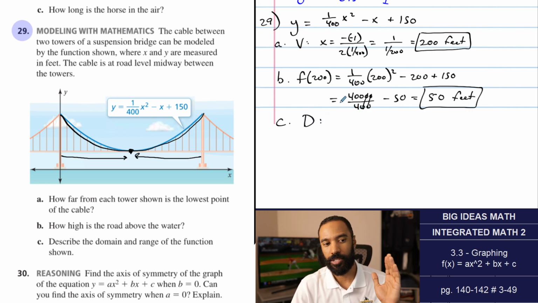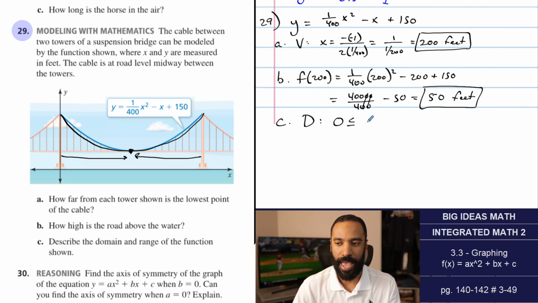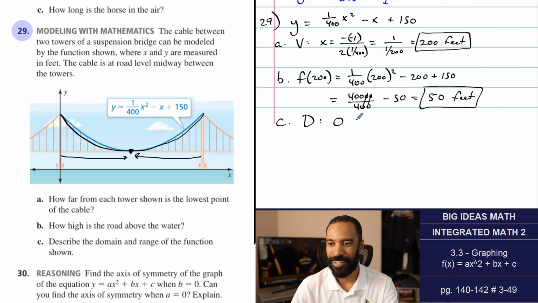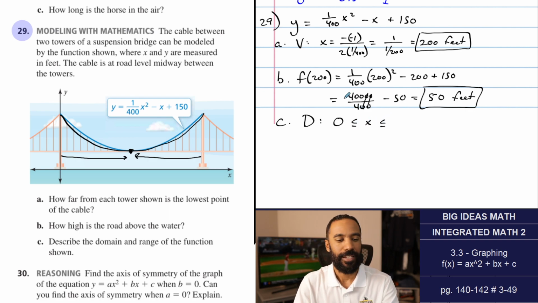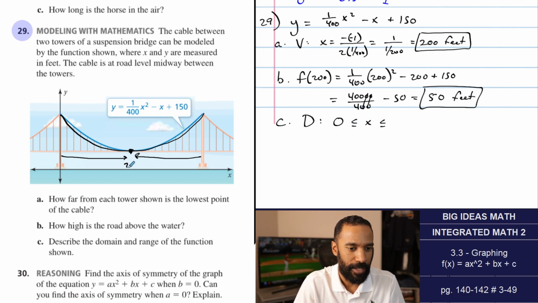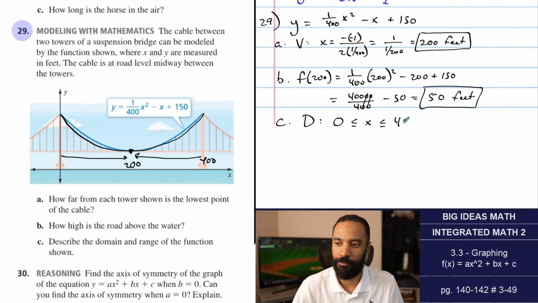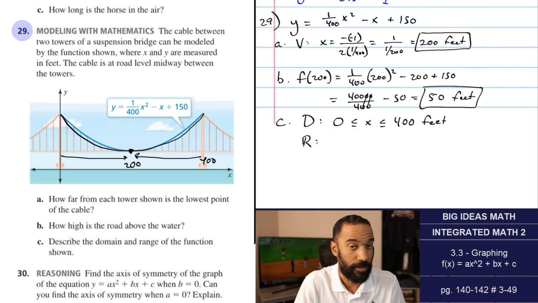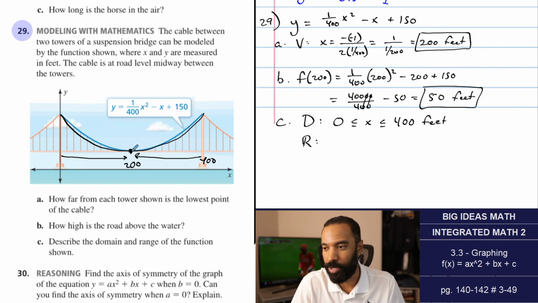The domain starts at 0 feet, and it goes on x, all the way. Remember, this is 200, which is half the distance, so this is 400. It goes from 0 to 400 feet. There's the domain. It touches everything there. The range, definitely never all real numbers. The lowest point is 50 feet.